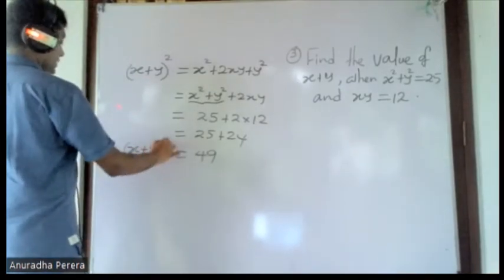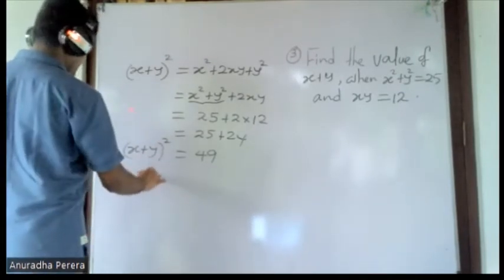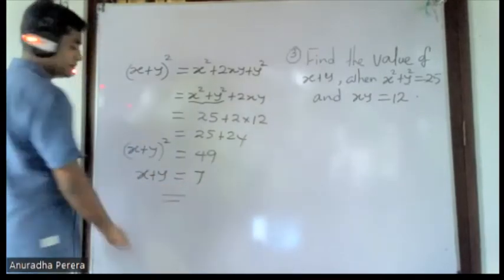To find x plus y, we need the square root of both sides. x plus y equals the square root of 49. It is 7.